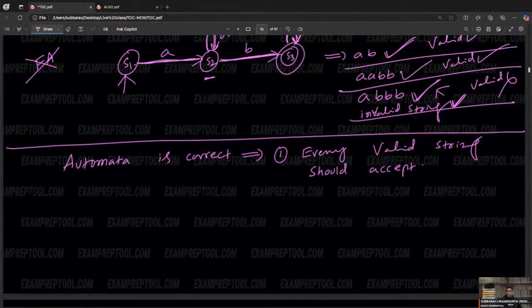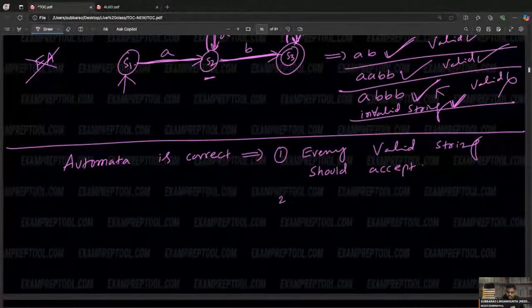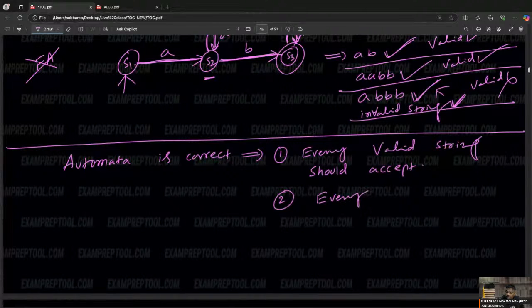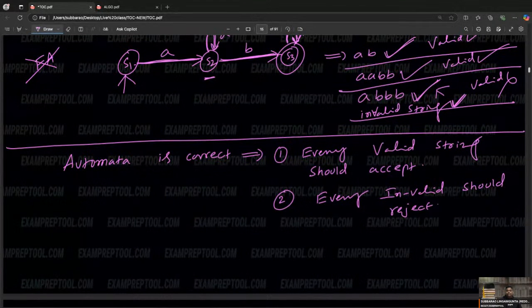Second one, every invalid string should reject. Every valid should accept, every invalid string should reject. Then only the automata is correct.